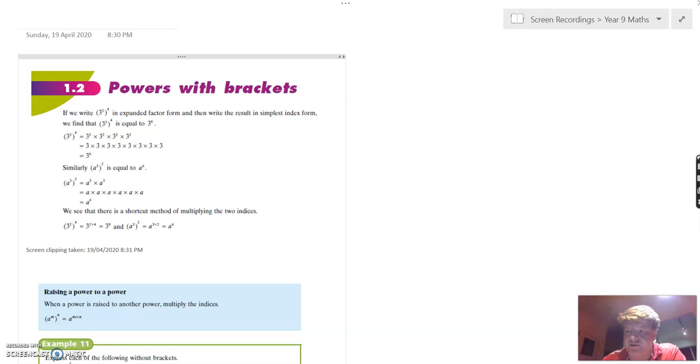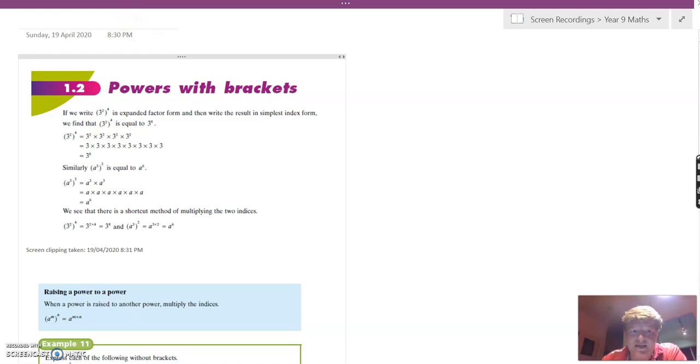So 2 to the third plus 2 to the fifth, we add together the 3 and the 5 is 2 to the 8th. That was adding. Dividing, let's say we had a to the 7th divided by a to the 2. That was just a to the 7 minus 2, a to the 5th. So let's have a look now at the next step, which is looking at brackets.